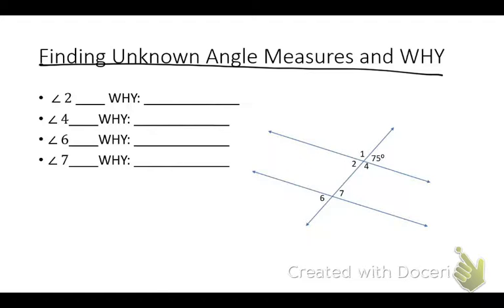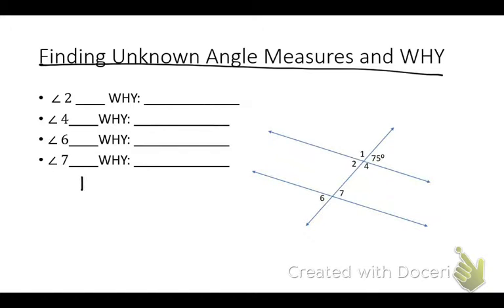They're inside. They have the same measurement. Alternate exterior angles? They have the same measurement. The only one that doesn't is adjacent. The adjacent angles are supplementary, so what do they add up to? 180.